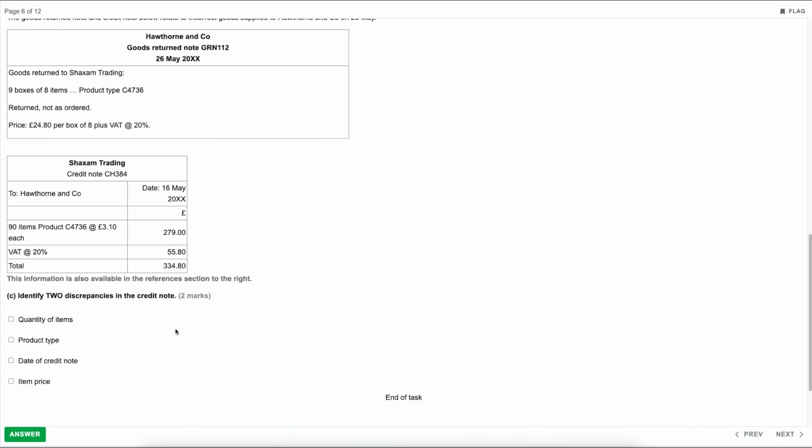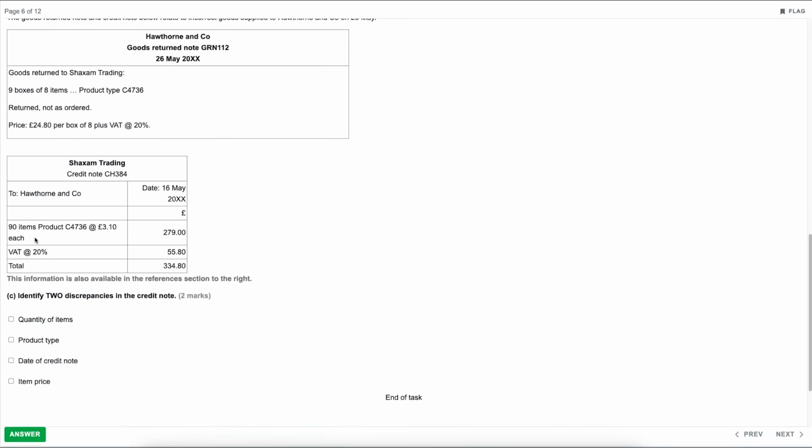So basically all we need to do here is check our credit note with the goods return note and see what doesn't match. Okay, so I would start off with the obvious things. The product code. Well, we can see that both product codes do match, so it's definitely not that. We can see that VAT was at 20%, which is the case for both of them, so it's not that.